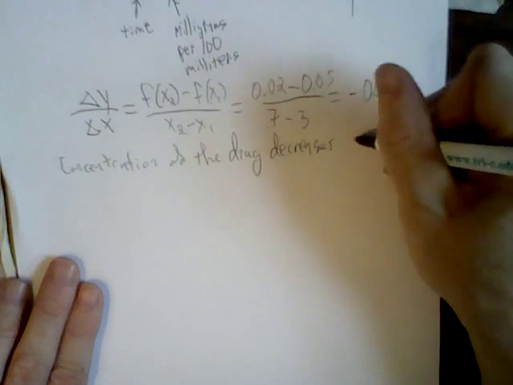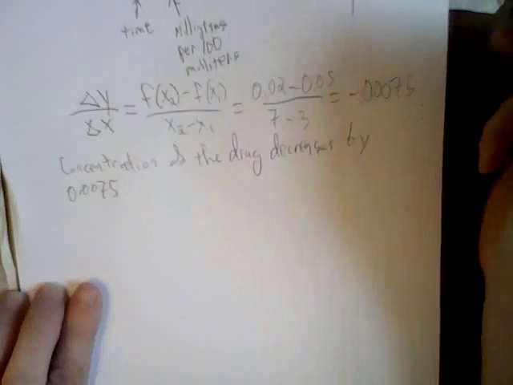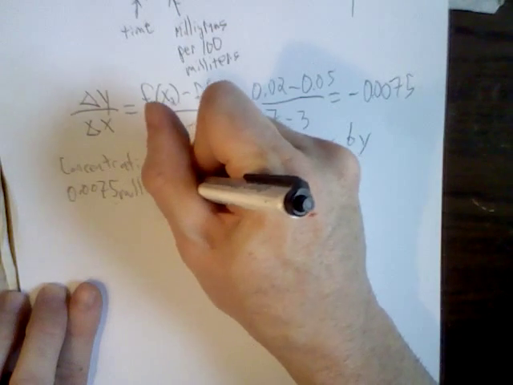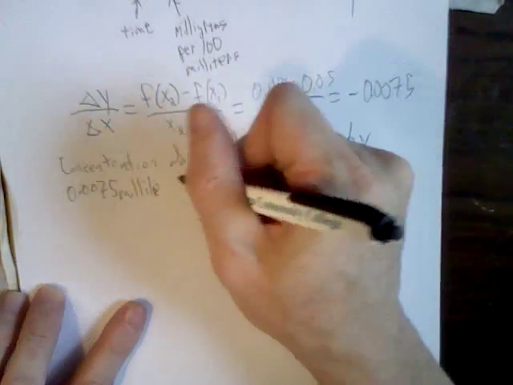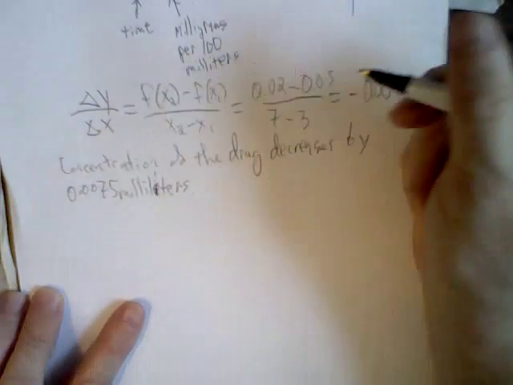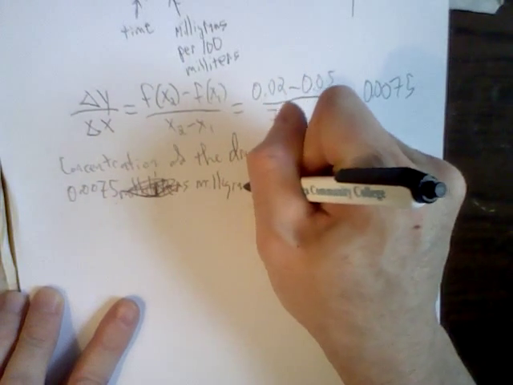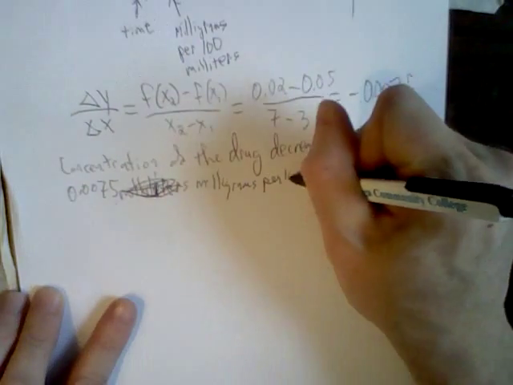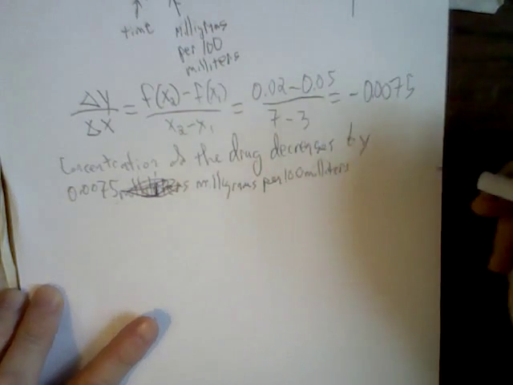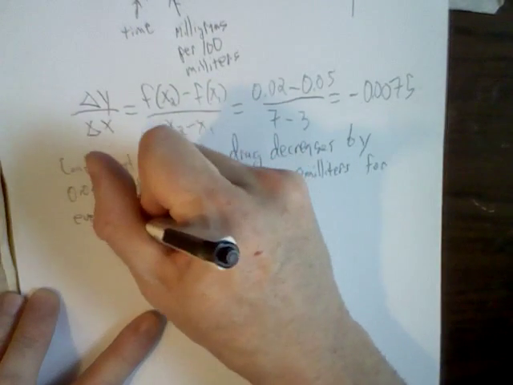It decreases by 0.0075 milligrams per 100 milliliters for every hour.